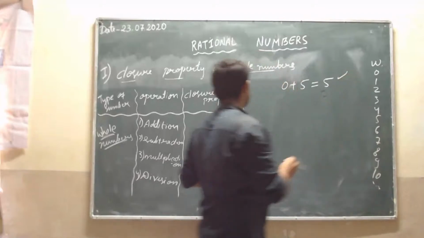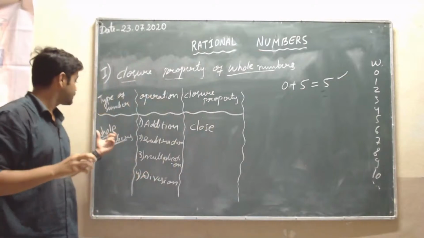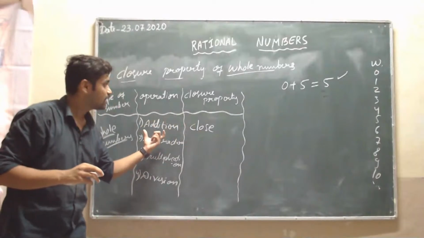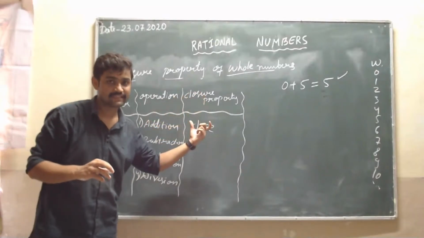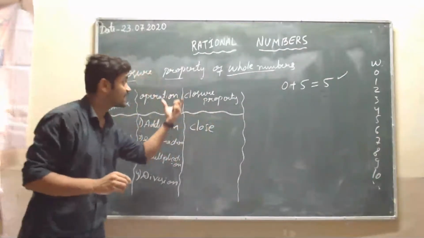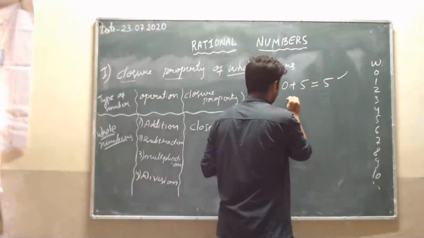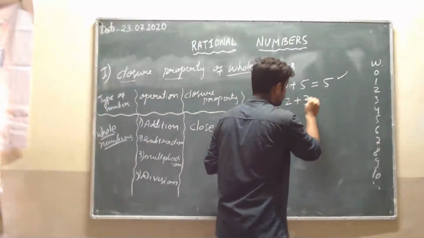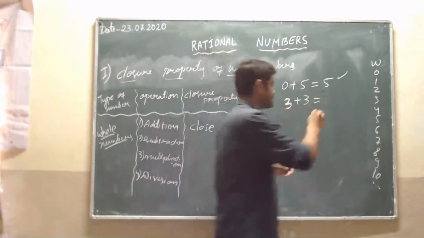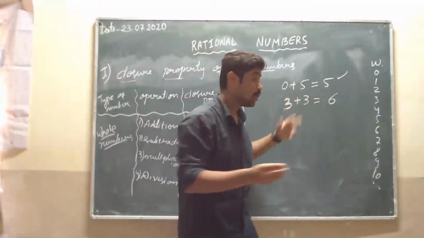Then we can say whole numbers will close under the addition operation by closure property. Then another example: 3 plus 3 is 6. 3 is a whole number, and 6 is also a whole number.